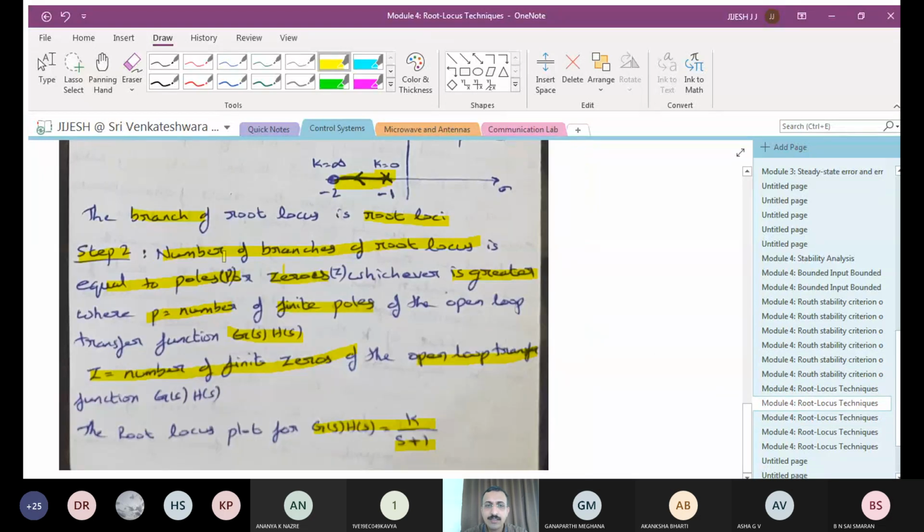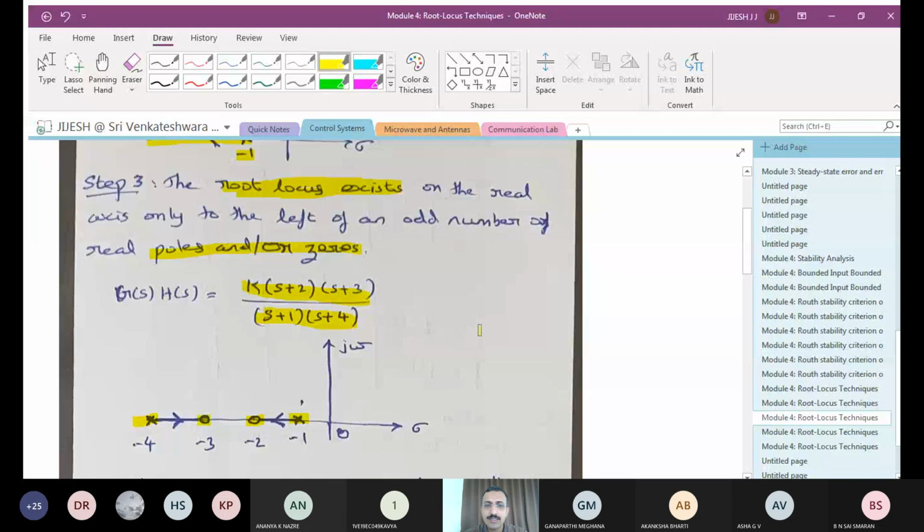Step 2 says that the number of branches of the root locus is equal to the poles or zeros, whichever is greater. In this case you have two poles as well as two zeros, so neither is greater. If it was three poles and two zeros, then 3 would be greater.